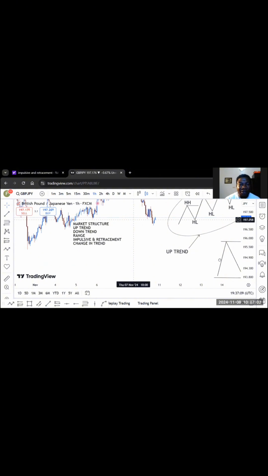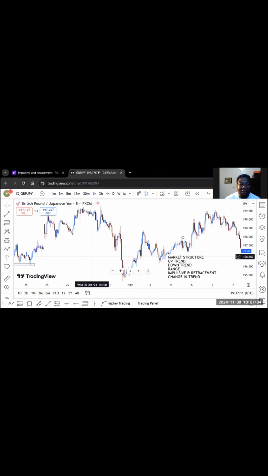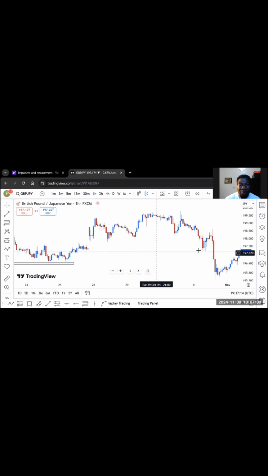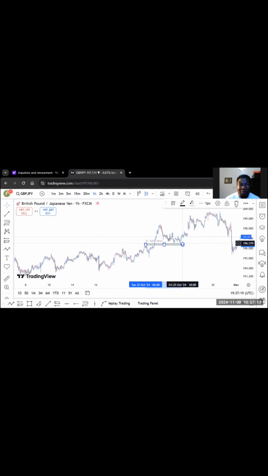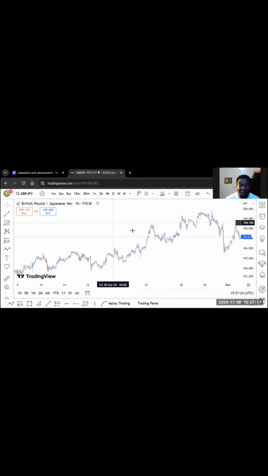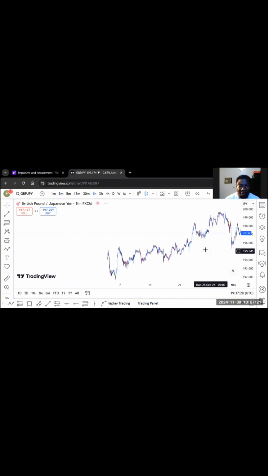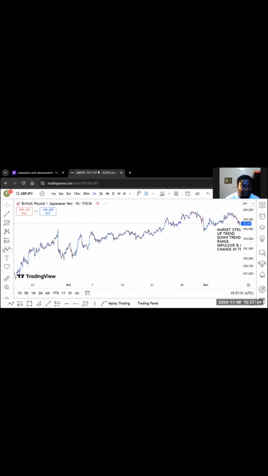So let me show you guys a clear example of an uptrend and a downtrend on a raw chart, okay? So this is the chart of GBP JPY, okay? As you can see clearly from here, let me mark it up, the market was trading up, right?